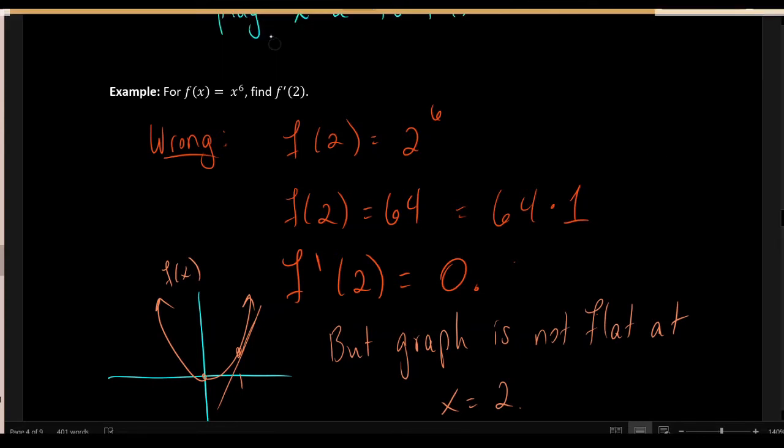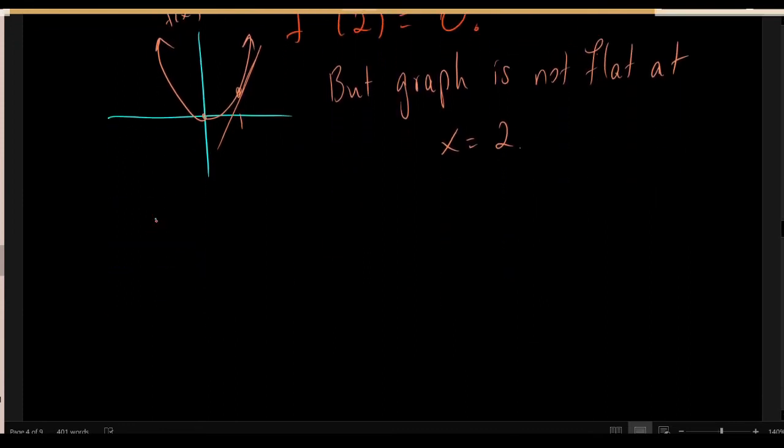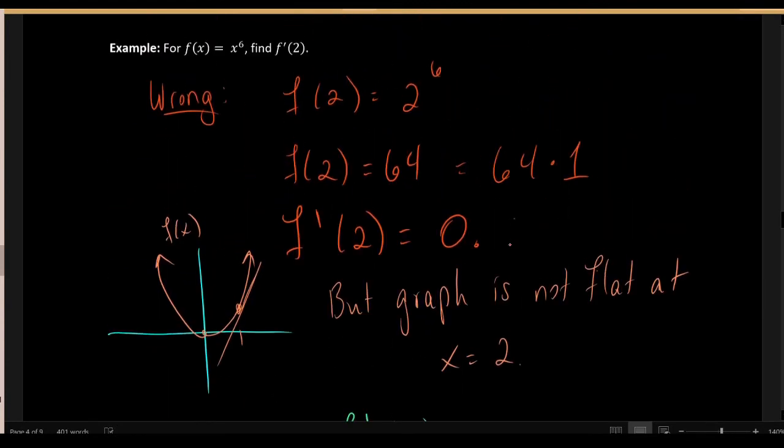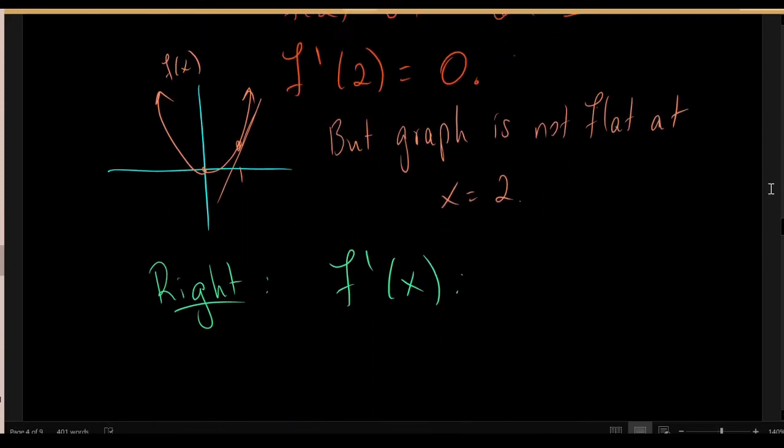If you're going to find the derivative at a point using the rules, the first thing that you have to do is find f prime at x. So using the power rule on x to the 6th, I'm going to take that 6 and bring it down to the front, and then decrease the power by 1 unit.